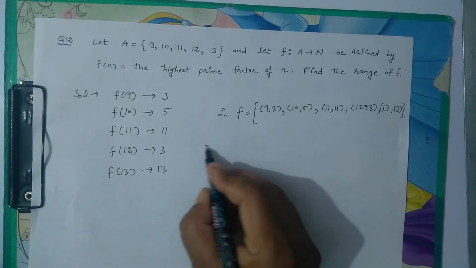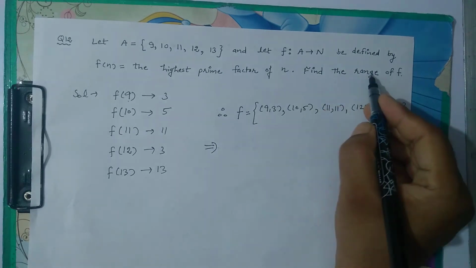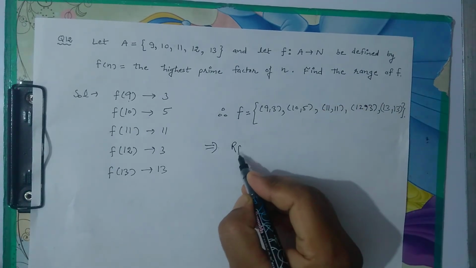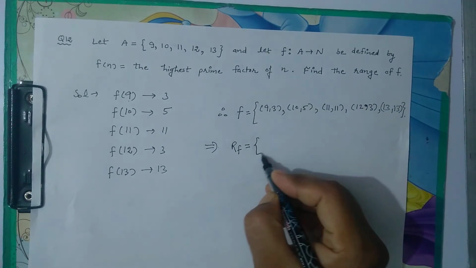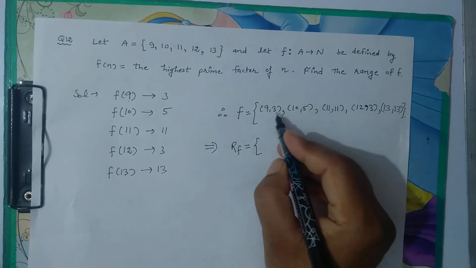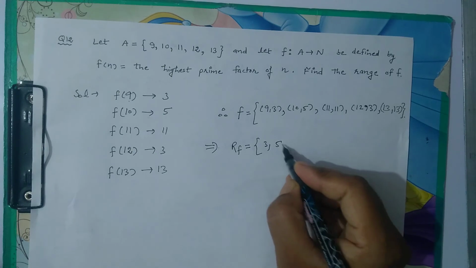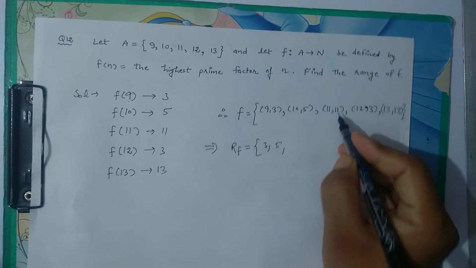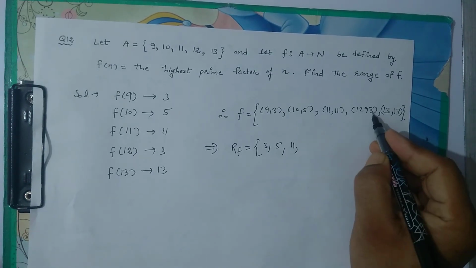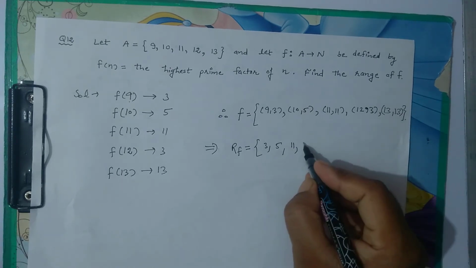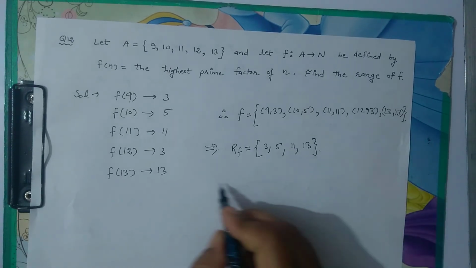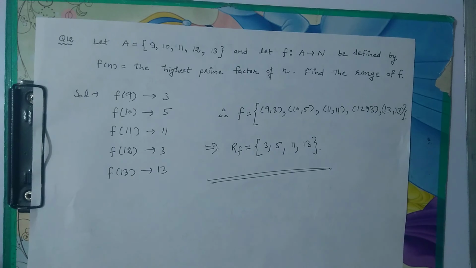So now find the range. The range of the function is the collection of all second elements. Here this is 3, next is 5, then 11, 3 is repeated, then 13. So that's all for the class. Thank you very much.